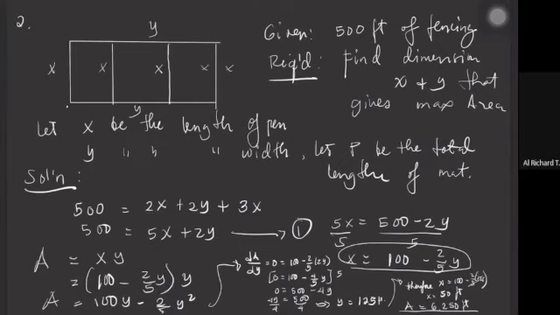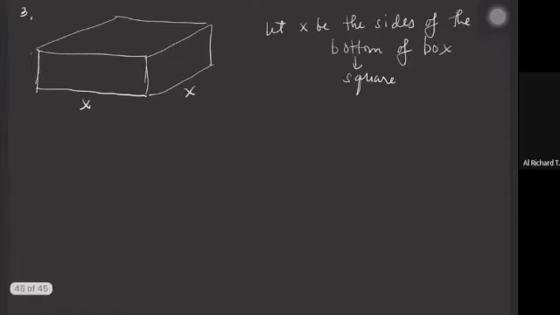This involves length. In the third problem, it involves the area of the material to be used. Meaning, if you have a material, say a cardboard, you need to build a box having this area.